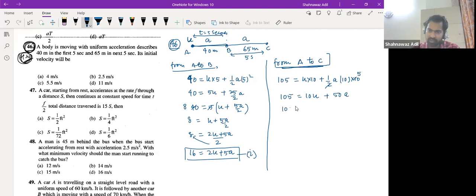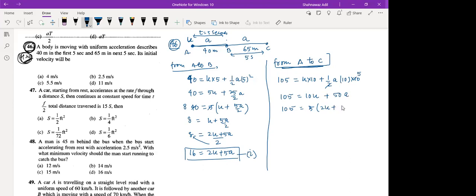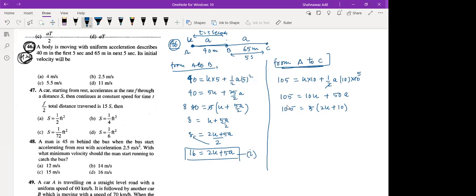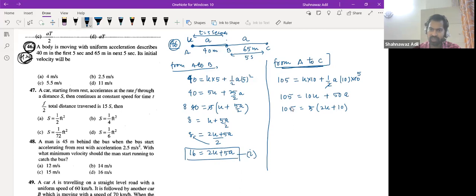So this is 2U plus A. If I take 10 common, then I cannot divide this by this, right? I can take it, but that would be decimal, right? 10.5. So that's why I don't want to.